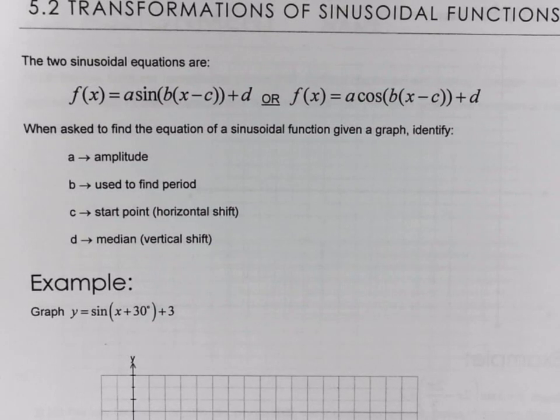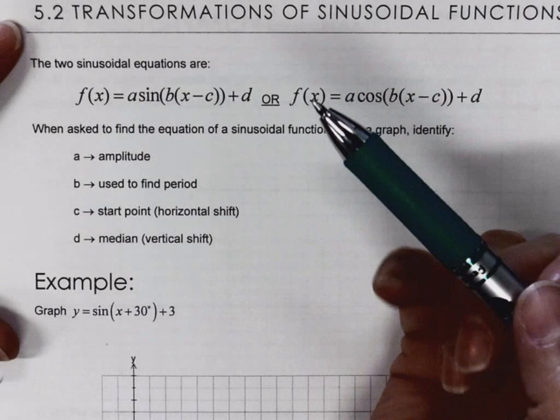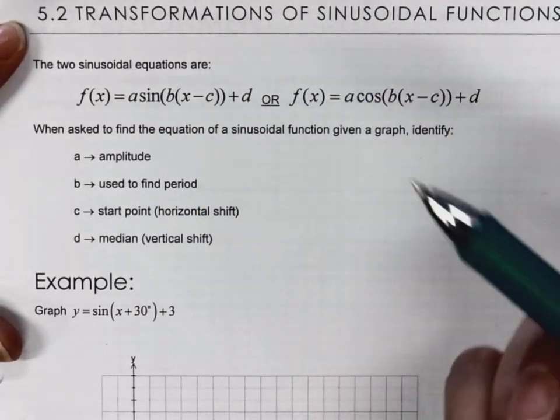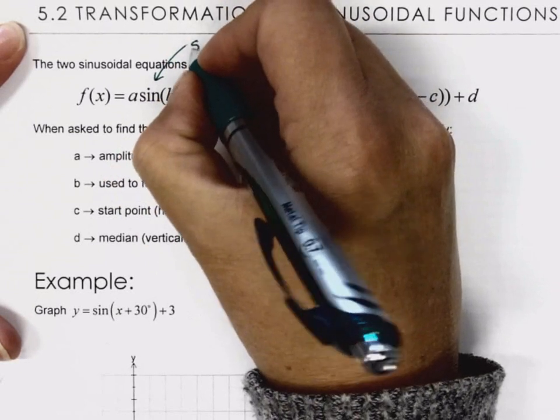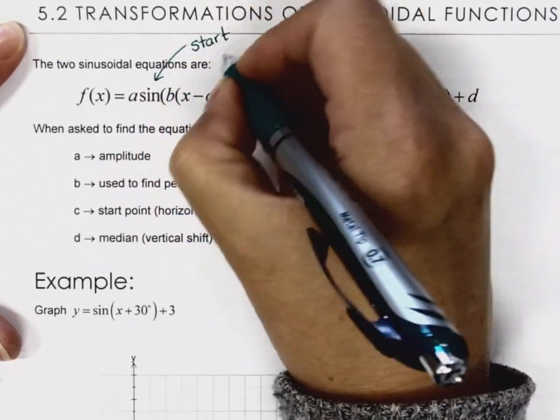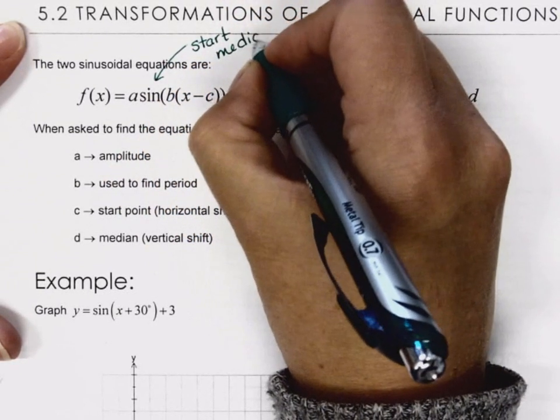So you need to know stuff about transformations, stuff about sine and cos graphs, and then stuff about other graphs. Okay, let's run through this really quickly. Sine graphs start where? They start at a median, right?